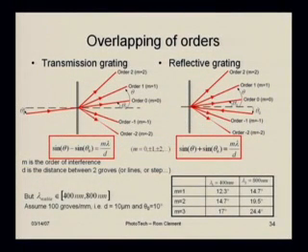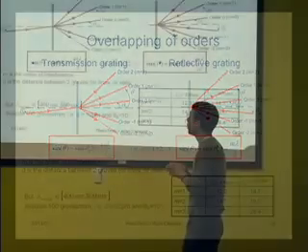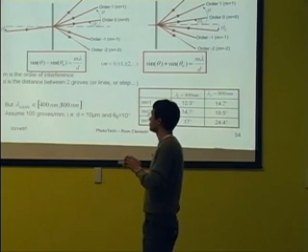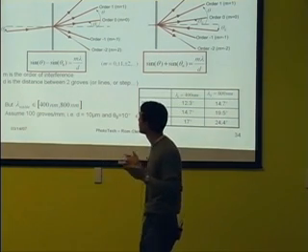So if I'm just looking at the transmission gratings, what's happening is I have an incident beam of light with a given angle theta 0, and if I'm looking on the other side of my gratings at the order 0, I'm just looking at the straight light which has not been diffracted, so I have basically the image of my source.